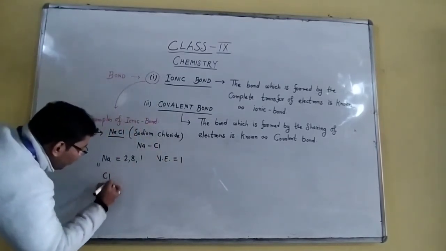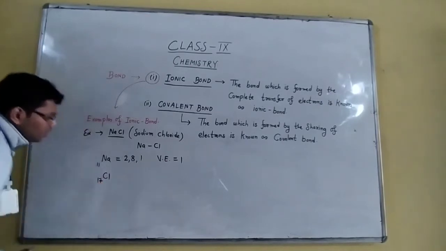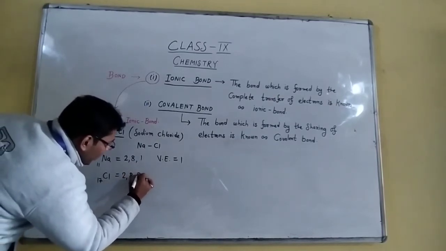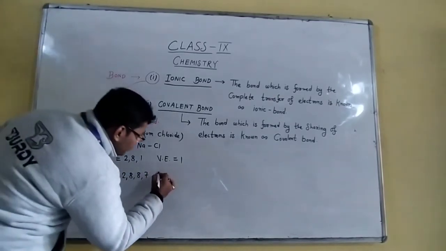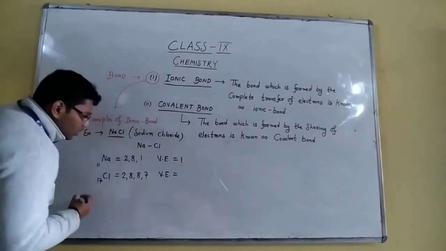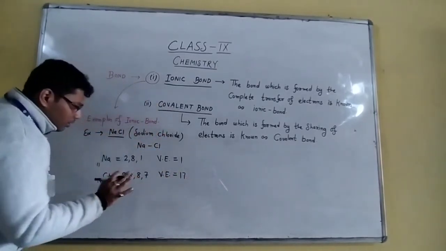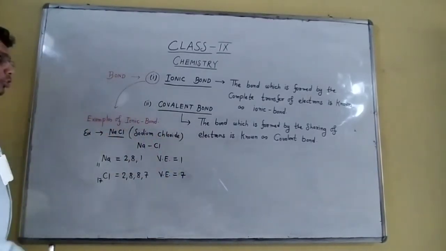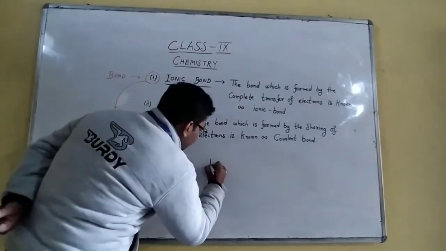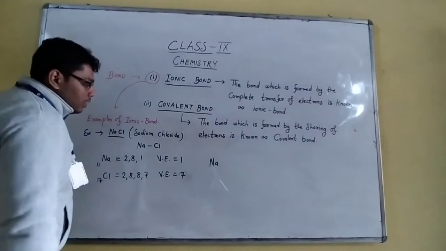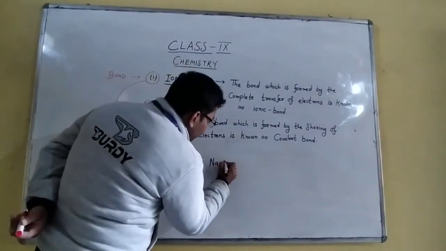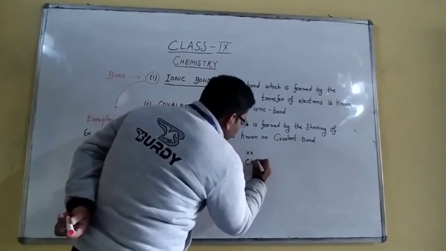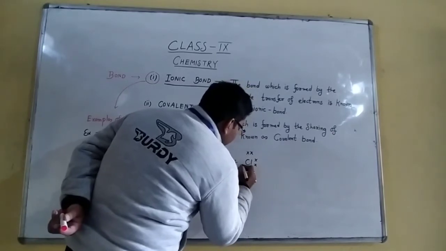In case of chlorine, the atomic number of chlorine is 17 and its electronic configuration is 2, 8, 7, which means the valence electron of chlorine is 7. So here in sodium only one valence electron is present, and in case of chlorine 7 electrons are present here.